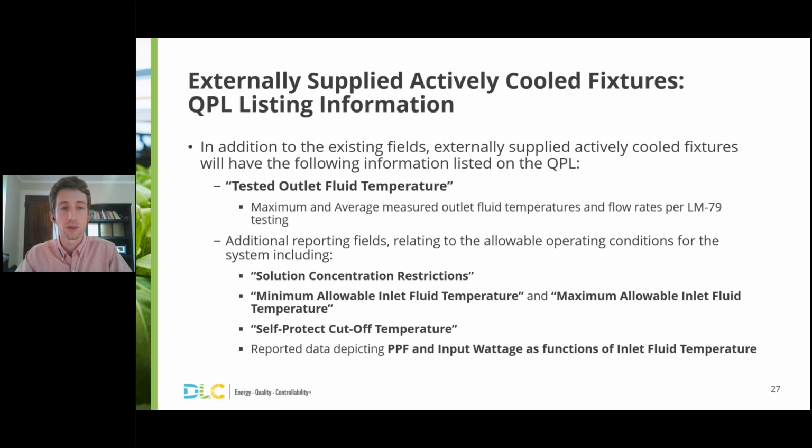In addition, it will also include the information that was supplied on the first tab of the application form, being the solution restrictions, the min and max inlet temperatures, the self cutoff temperature, and the graph I was showing on an earlier slide.